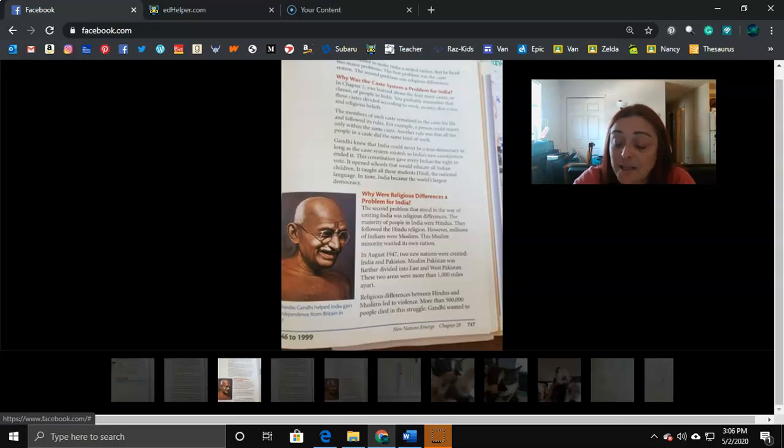In 1947, 2 nations were created, India and Pakistan. Muslim Pakistan was further divided into East and West Pakistan. These 2 nations were more than 1,000 miles apart. Religious differences between Hindus and Muslims led to violence. More than 500,000 people died in the struggle.